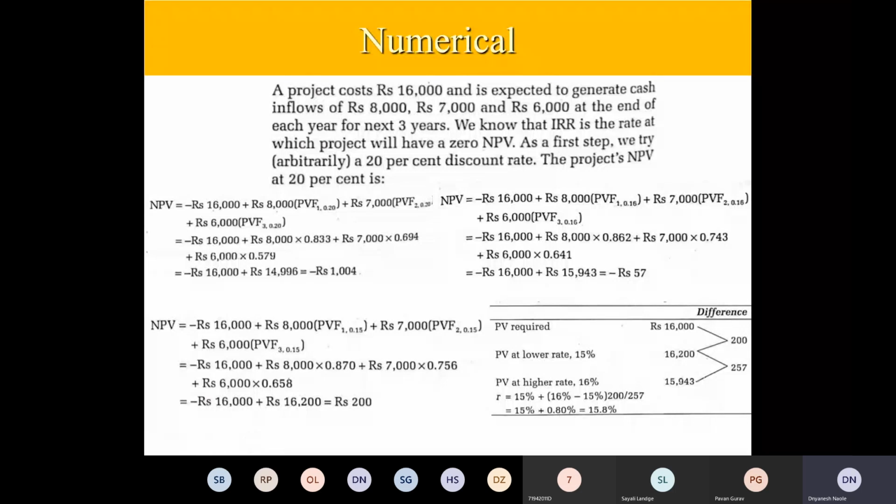So you need to basically add 0.8 to this and you get 15.8. So if you use this 15.8 as the discount rate, you will see that the net present value comes to 0. Is this clear? Yes, sir.